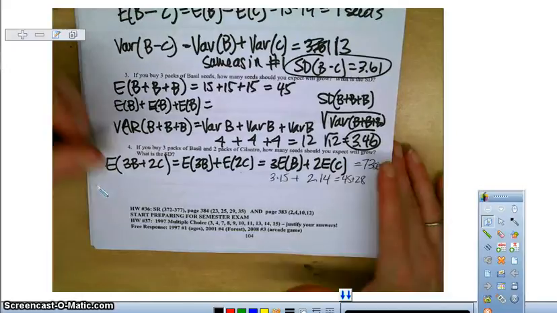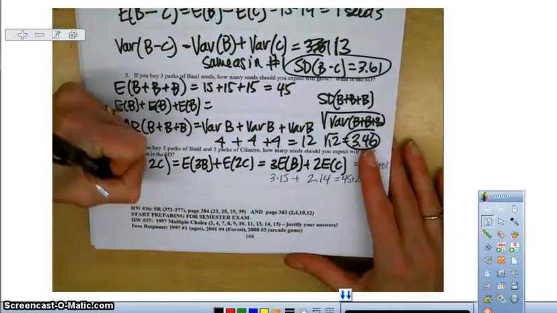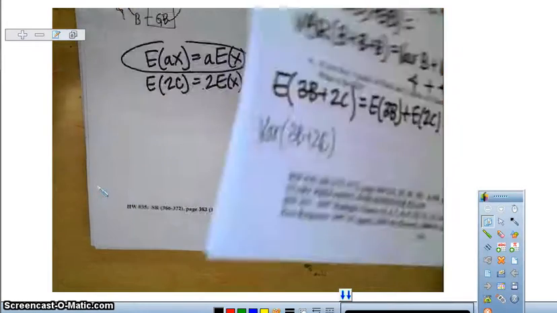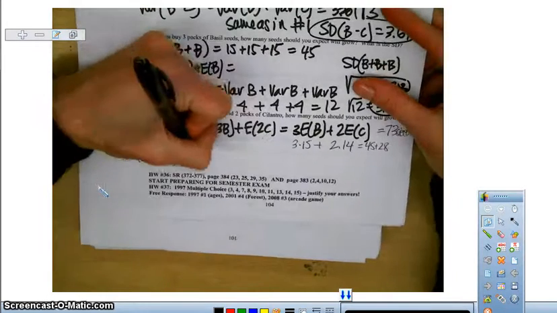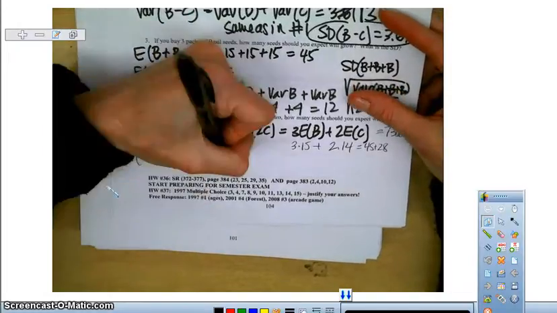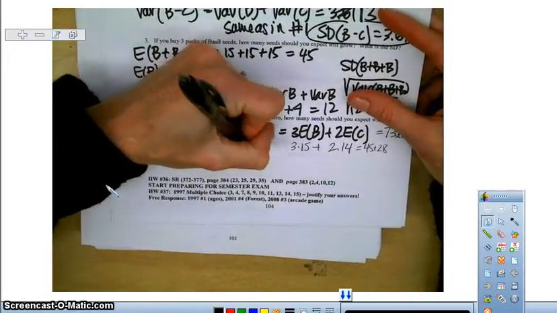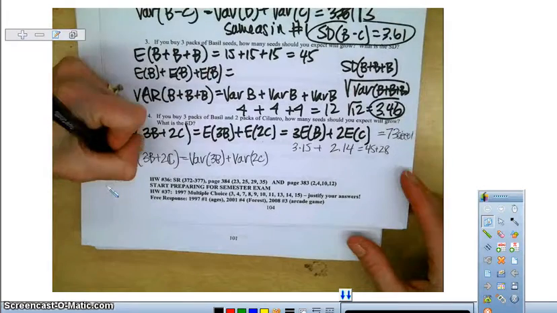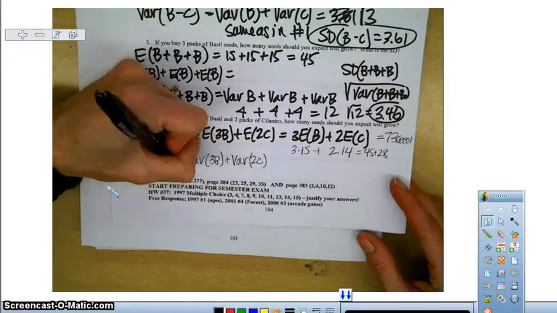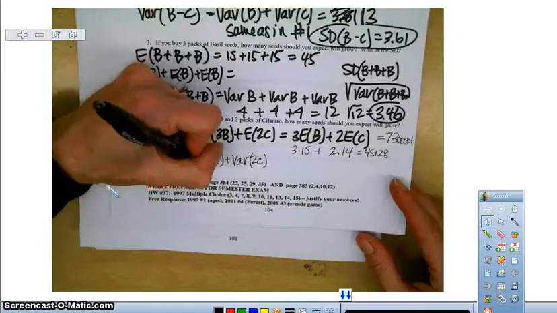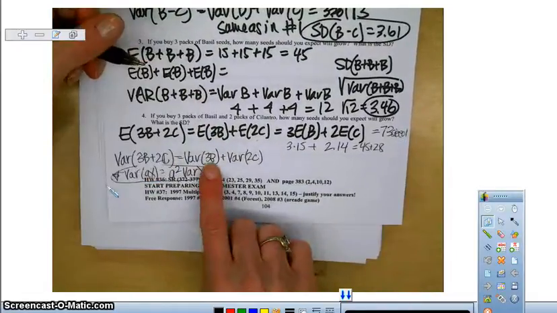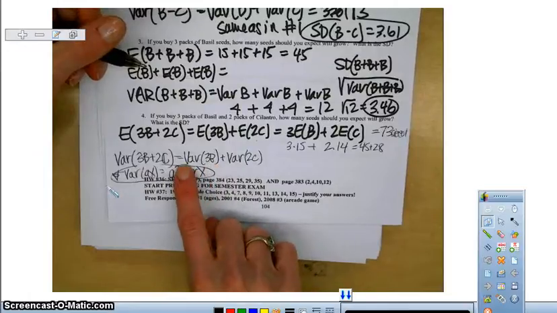All right, so now we're going to find the variance of 3b plus 2c. And this is where we have to use the rule we just wrote. That would be the variance of 3b plus the variance of 2c. The variance of ax is equal to a squared times the variance of x. That's the key rule. So where's that 3 going to go? Out in front, but what do I have to do with it?